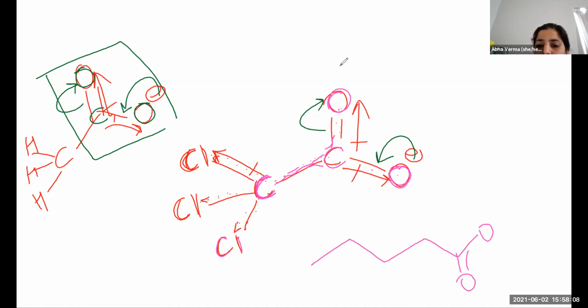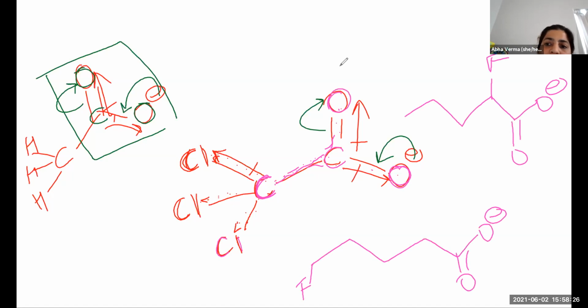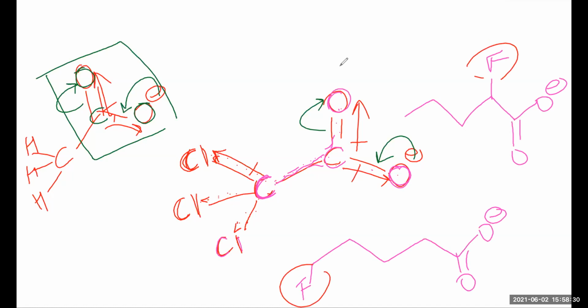Let's say you have this molecule where the fluorine is at the end, and then you have another molecule where the fluorine is at the next carbon. Where do you think the more pull of electrons will be felt? Where it is close or where it is far? Close. So, as the distance increases, the pull of electrons, the spread of electrons, will also decrease.